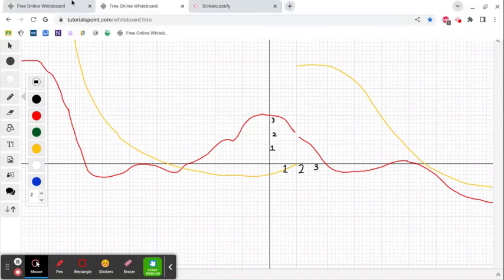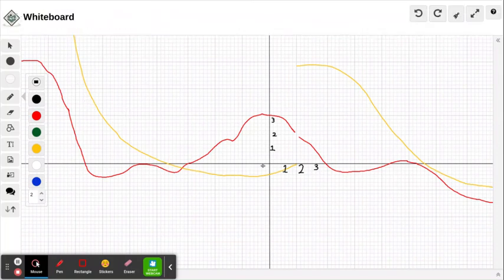Now let's look at the yellow. So we are looking at the limit as u approaches 2. So u is going to be equal to 2 right here on this vertical. Coming from the left, it looks like that value approaches 0. But if we come from the right, it very clearly does not approach 0. That might be more like 6 or maybe 7.